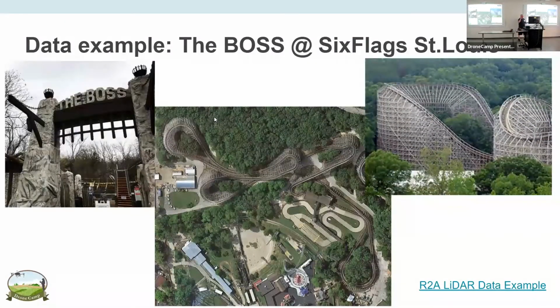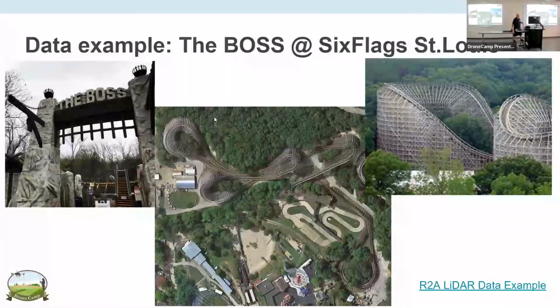So let's see if this works. This is one of Indiana Drones' little YouTube videos. I don't think he's actually on it, but he went to Six Flags St. Louis, and there's this giant wood roller coaster called the Boss, right?